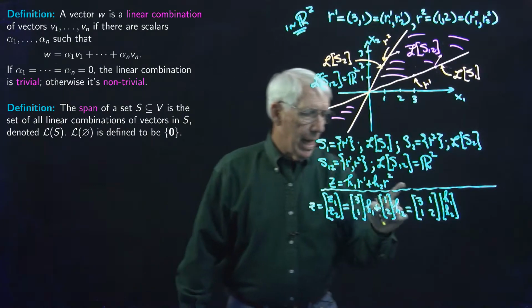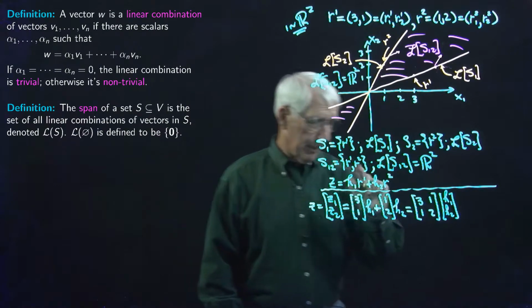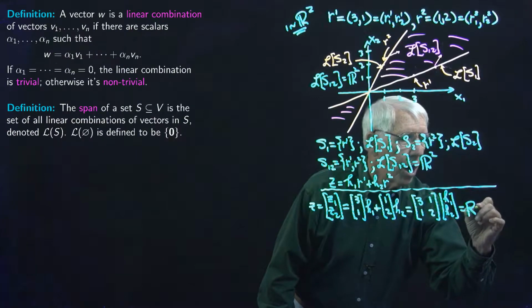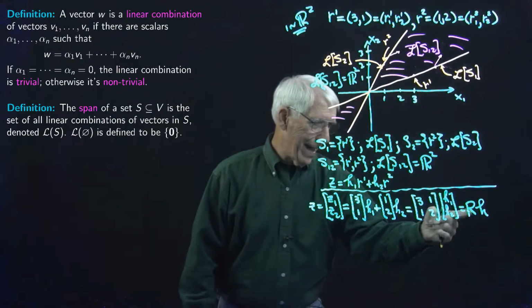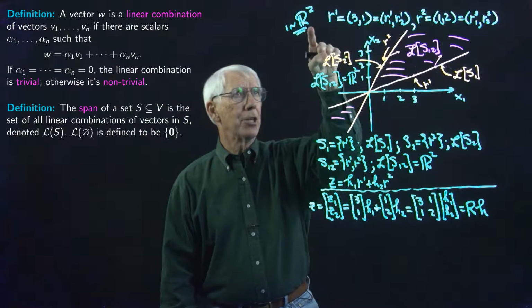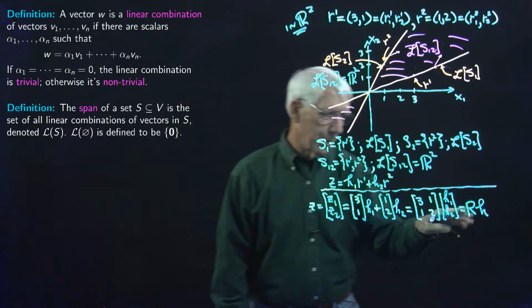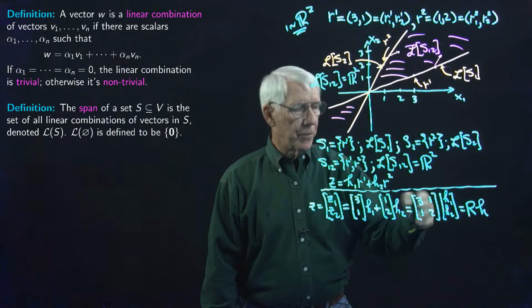And in fact, let me go a little further and say I'm going to write this as R times h. Now that R is not this r here. This r is the special R, the real numbers. This is just capital R that I'm using for the name of the matrix.